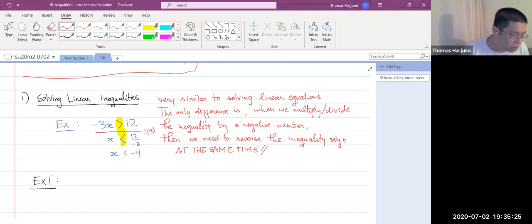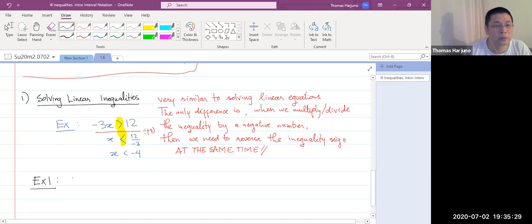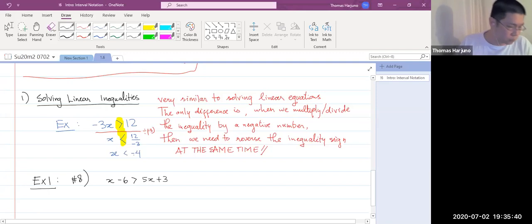I pick question number 8. Number 8. x minus 6 greater than 5x plus 3. Write the solution in interval notation.